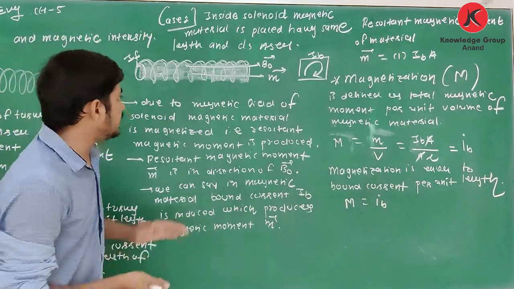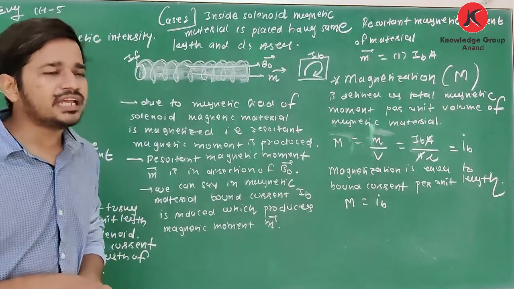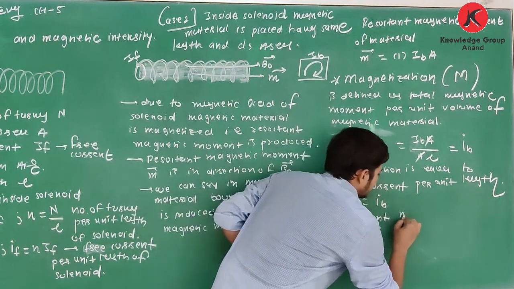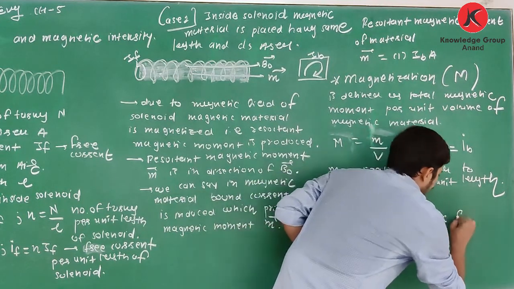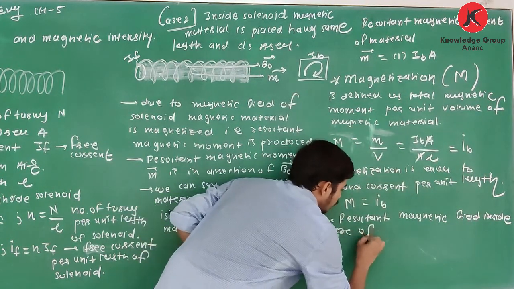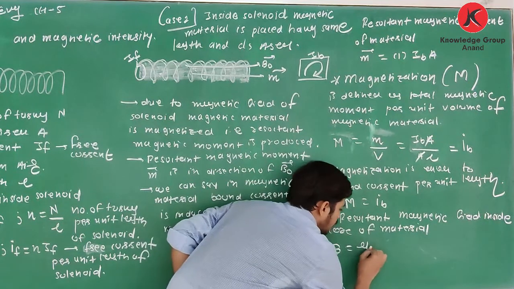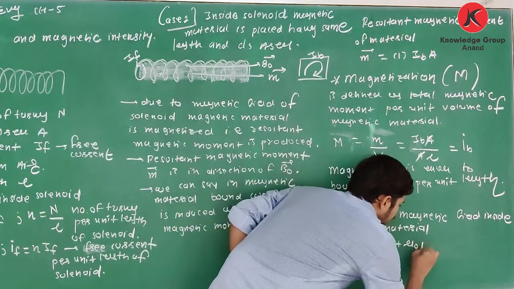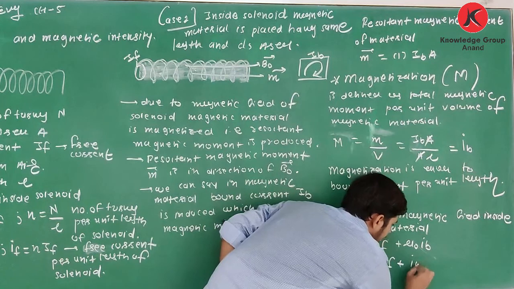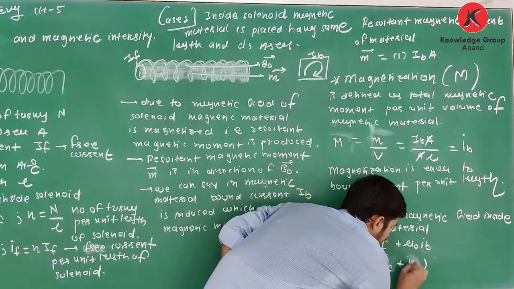So when magnetic material is placed inside the solenoid, the resultant magnetic field inside the core of the material is B equal to mu 0 IF plus mu 0 IB, which is mu 0 times IF plus IB.